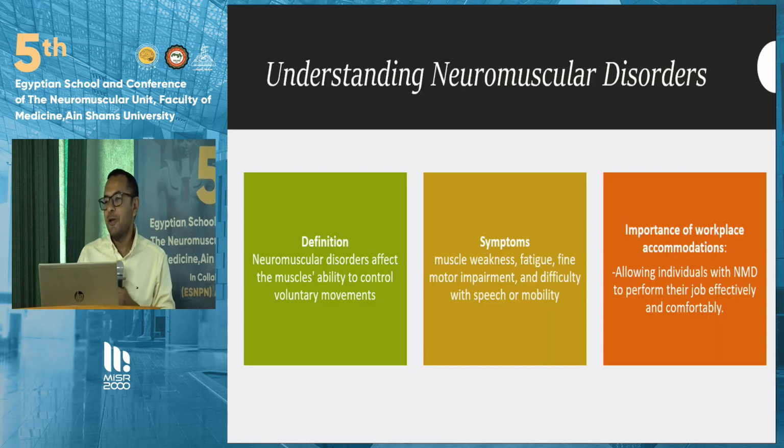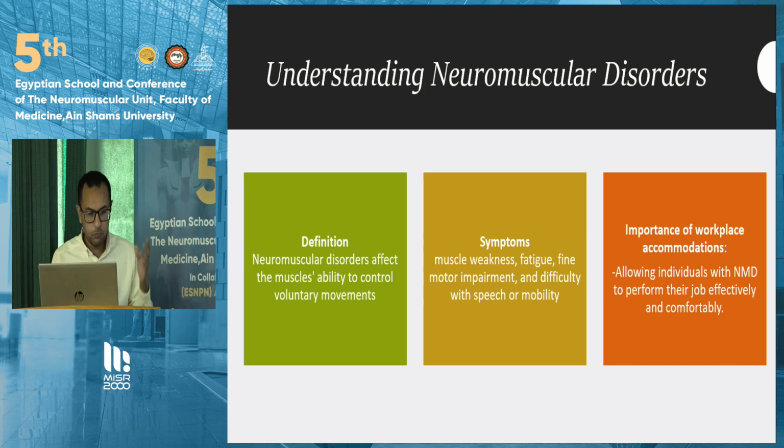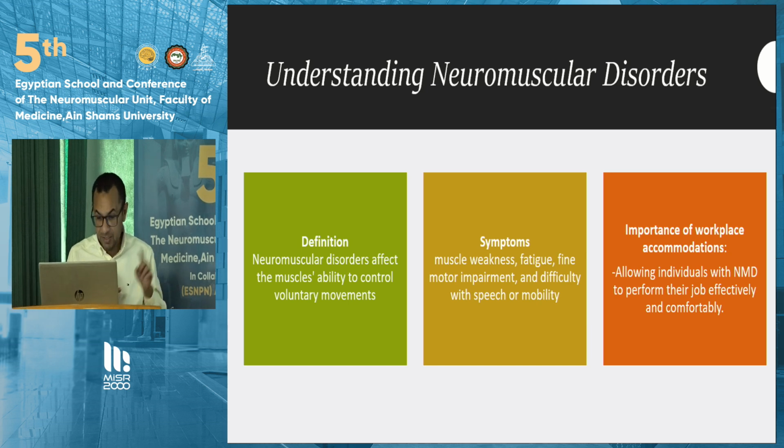It might not be that fancy little presentation about genetics that we have seen now, but it's simple, and you find that very simple interventions would affect your patients. So first of all, neuromuscular disorders affect the muscle's ability to control voluntary movement, and symptoms range from muscle weakness, fatigue, fine motor impairment, difficulty with speech and mobility, and sometimes it's related to stress and psychological aspects.